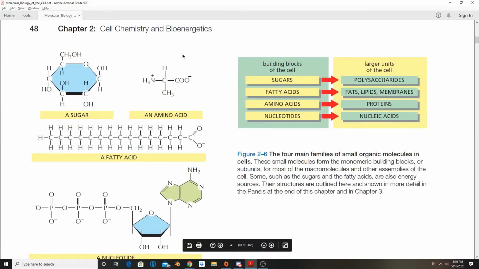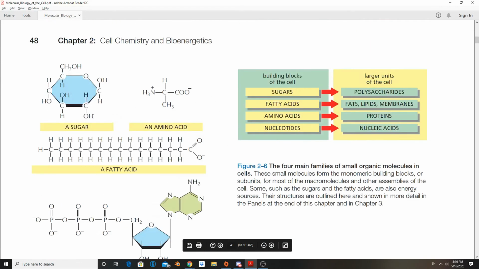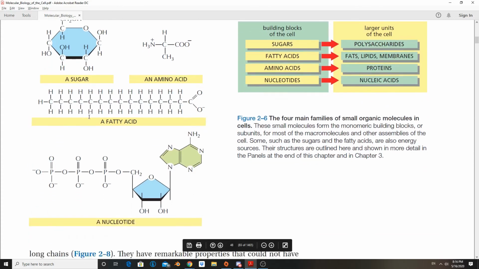If you stick a bunch of amino acids together, you get a protein. If you stick a bunch of sugars together, you get a polysaccharide or complex sugar. If you stick a bunch of fatty acids together with a glycerol, you get a generic fat. If you stick a bunch of nucleotides together, you get DNA or RNA.